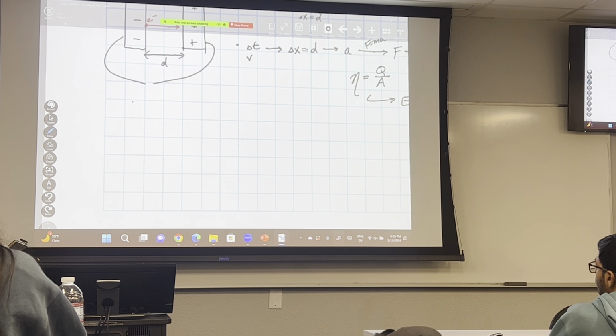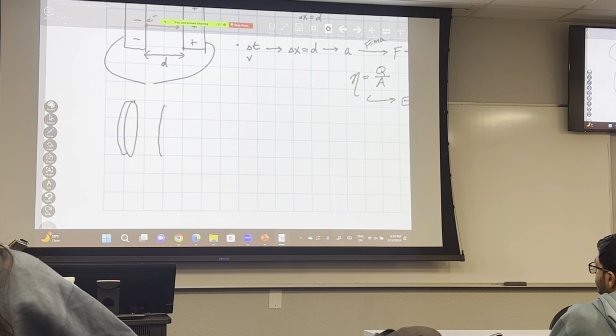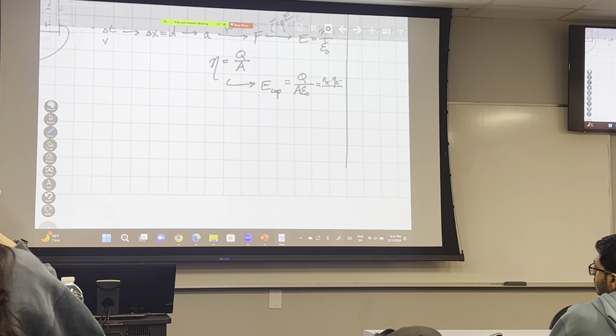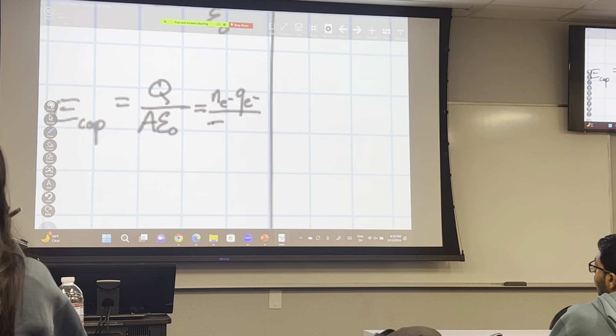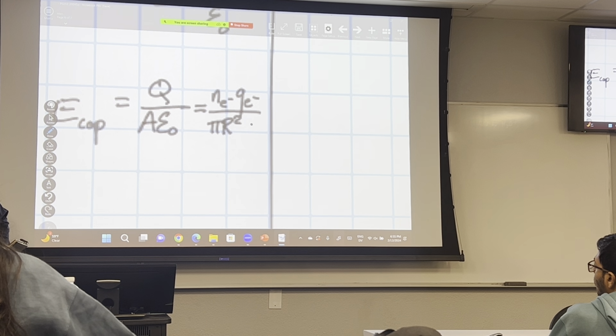So the correct way to visualize this is we have two circular discs like this, and this is the diameter. Well, that's the radius. This would be the diameter, which is 6 centimeters. So do we know the area of a circle? Yes, we do. It's pi r squared.